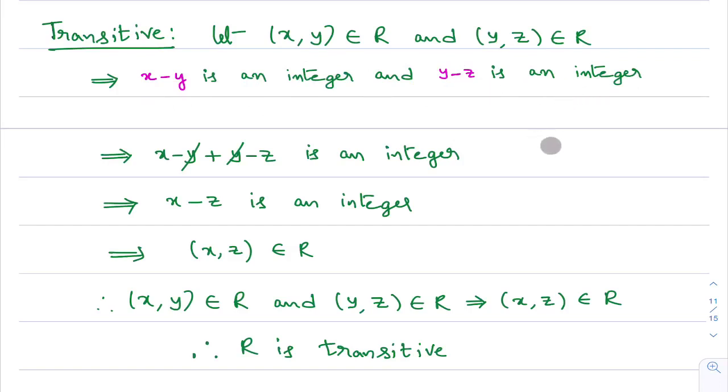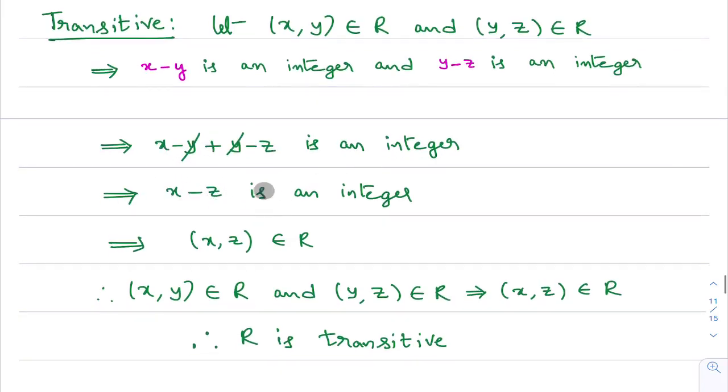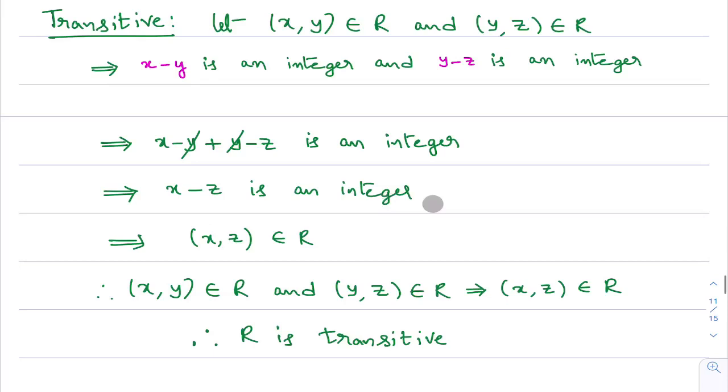Addition of two integers is again an integer. You take any two integers, add them. Again it is an integer or not? 100% it is an integer. Here this is an integer, this is an integer. You add both. What will you get? That is also an integer. So here minus y plus y will get cancelled. What will you get? X minus z. So x minus z is an integer.